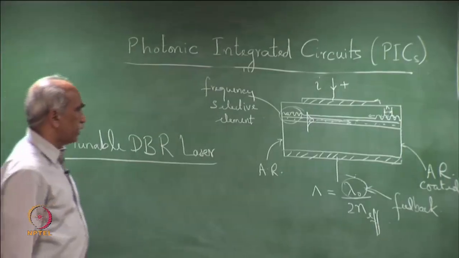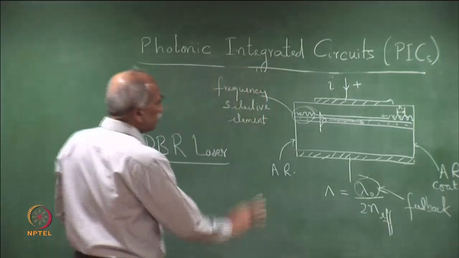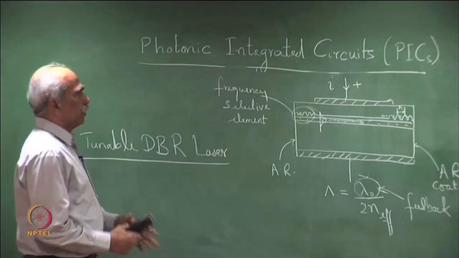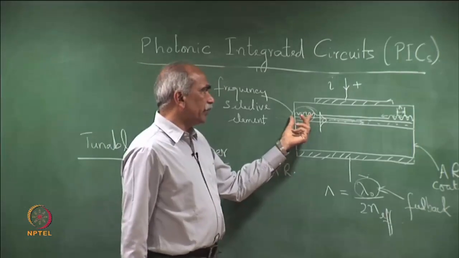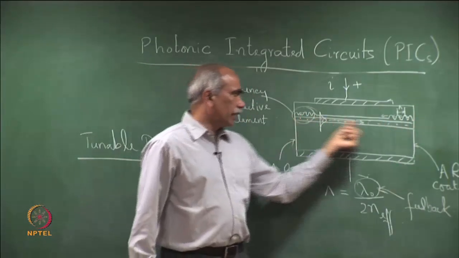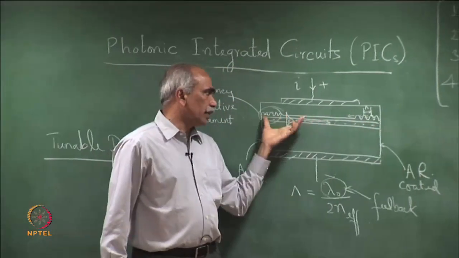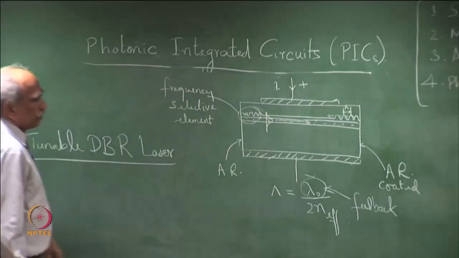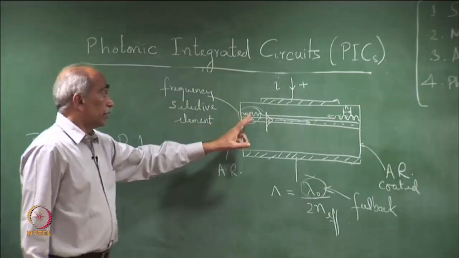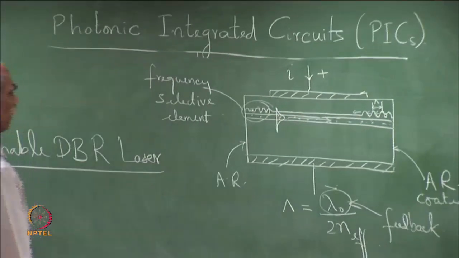Of course, there is a finite frequency spectrum associated with it. So, this is the DBR that we had studied. There is a passive frequency selective element here, and this is the gain medium, and laser oscillation takes place because of these frequency selective elements. The single frequency oscillation is ensured by the periodic structure.